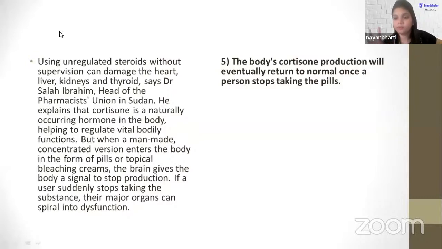Okay, whoever is giving true, false, not given, just recheck whether that information is exactly what is mentioned in the paragraph, whether that information is contradictory or that information is missing. So far, I have not got even a single correct answer. Only 2 or 3 of you have given the correct answer. Guys, recheck. The question is, the body's cortisol production will eventually return to normal once a person stops taking the pill.